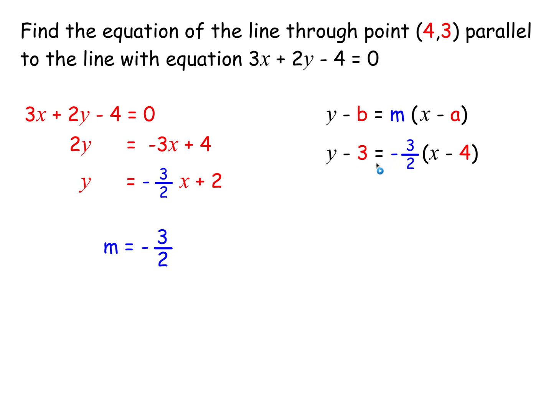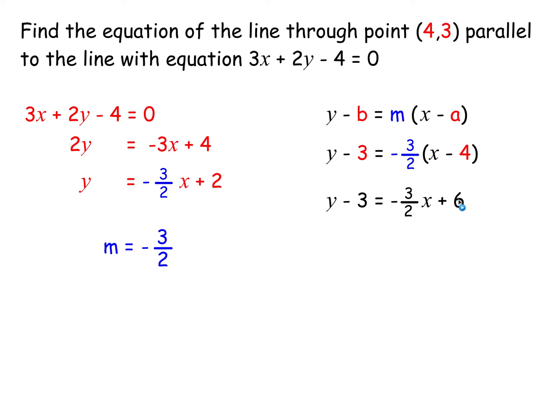Now, I'll leave it in the form y equals mx plus c, so I'm going to multiply away the brackets, negative 3/2 times x and negative 3/2 times negative 4. Negative times negative is positive. If I want to multiply this 4 by the 3/2, I divide by the 2, the bottom number of the fraction, and I multiply by the top. So take 4, to multiply it by 3/2, divide by the 2 and multiply by the 3.